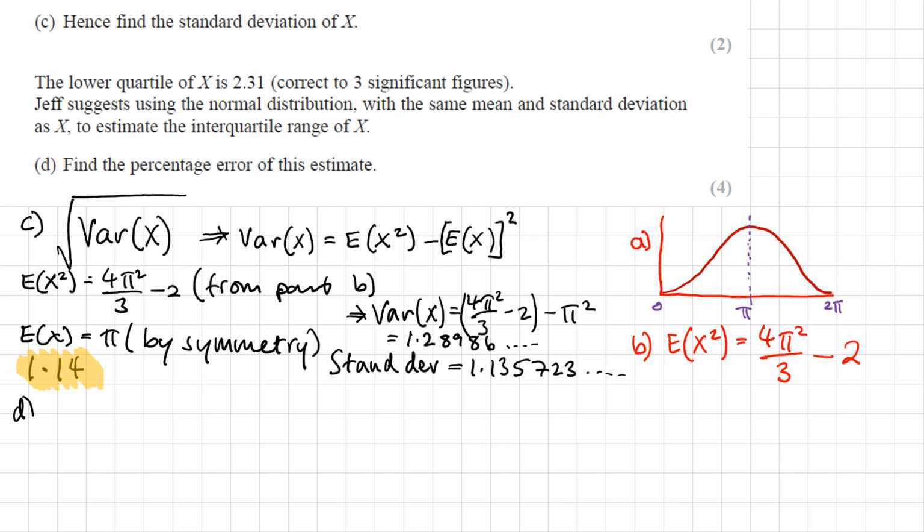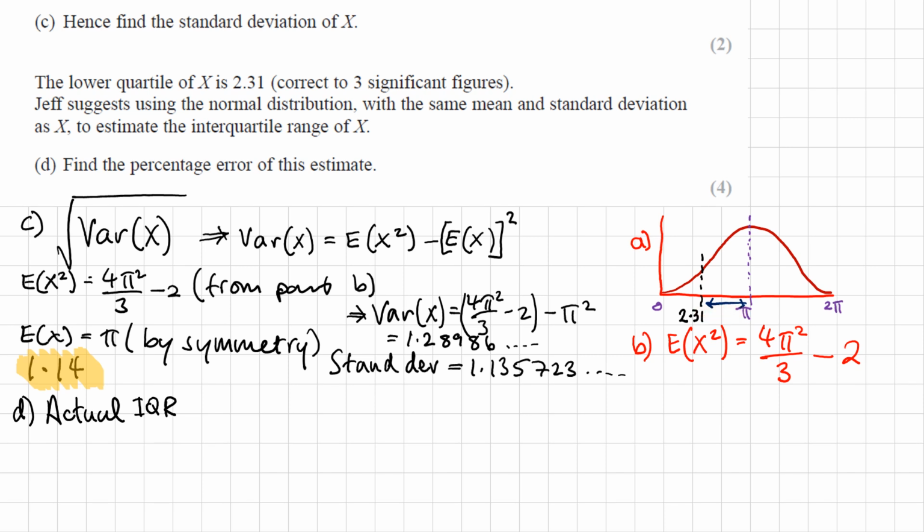Right, so the first thing we're going to do is to work out what the actual interquartile range is using the information that's been given. So we've been given a lower quartile as 2.31, so after I mark that on my sketch, that's here, 2.31. So I know the space between the mean and the median actually is this size.